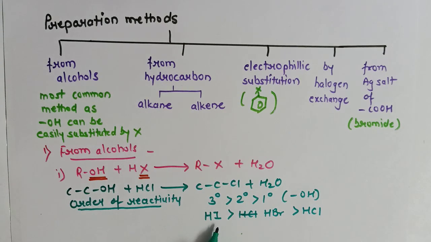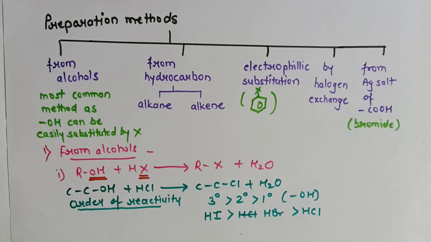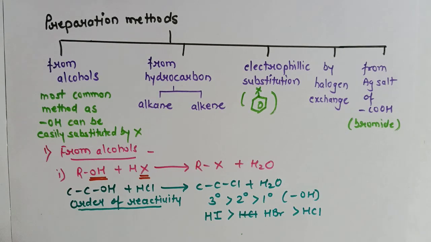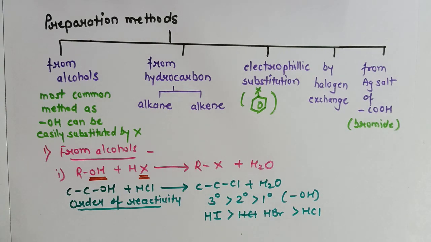Now why will hydrogen iodide react faster? Because of the difference in size. Iodine is very bulky in size, hydrogen is small in size, so bond dissociation becomes easier, followed by hydrogen bromide, and followed by hydrogen chloride. Generally, the reactions with fluorine are very vigorous, very violent, difficult to control, and therefore they have very limited reactions for the preparation of fluoroalkanes or any other reaction where fluorine is involved.